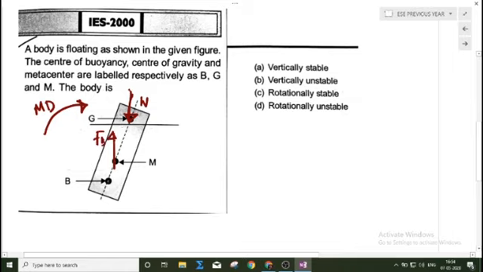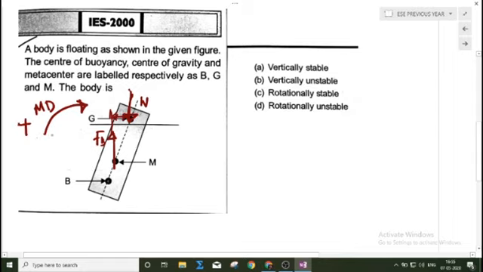Now this is the lever arm, the perpendicular distance between the two forces. These two forces are parallel to each other and act in opposite directions, with a perpendicular distance between them. So again, it will create an additional moment in addition to the disturbing moment.